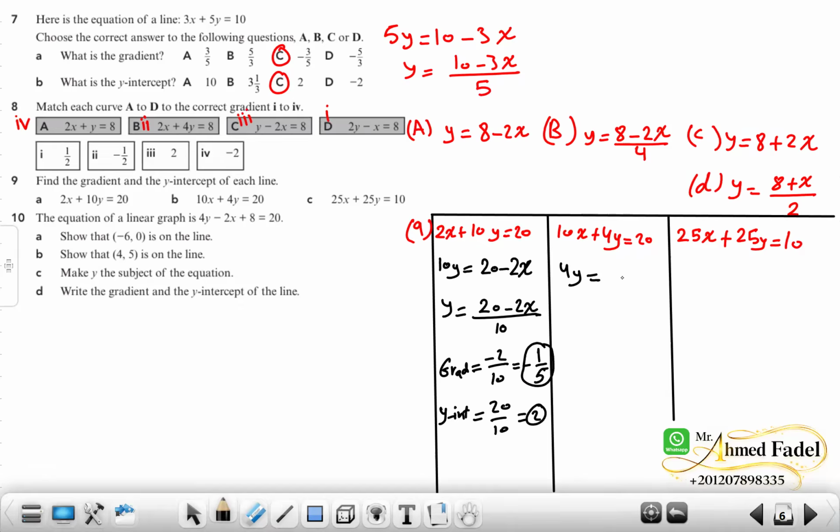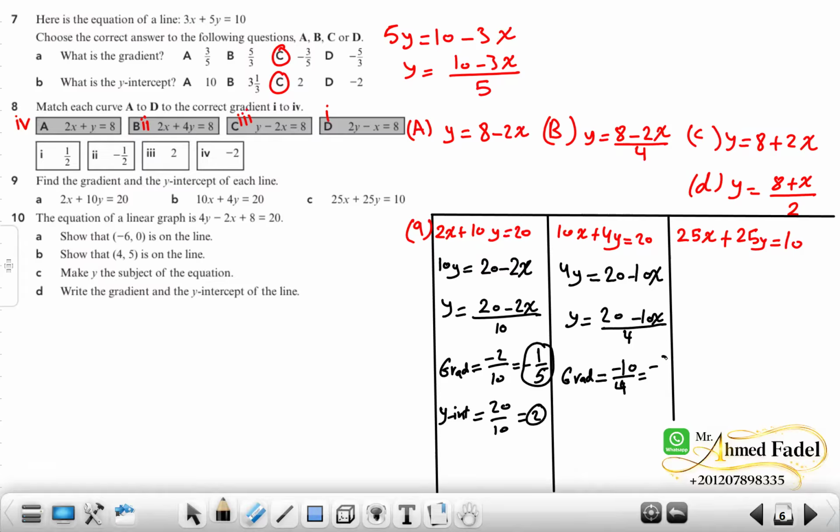The next question: y equals 20 minus 10x, so y equals 20 minus 10x over 4. Gradient equals negative 10 over 4, which is what?